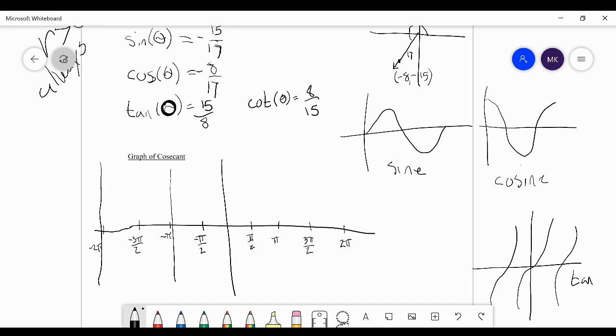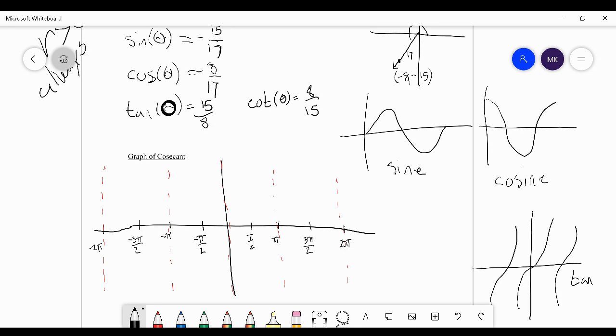Let's do red, and we're going to dash at those.